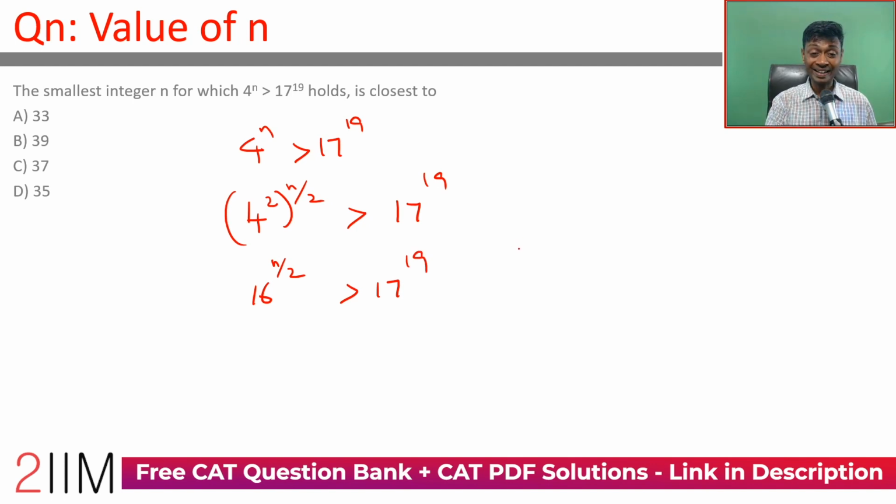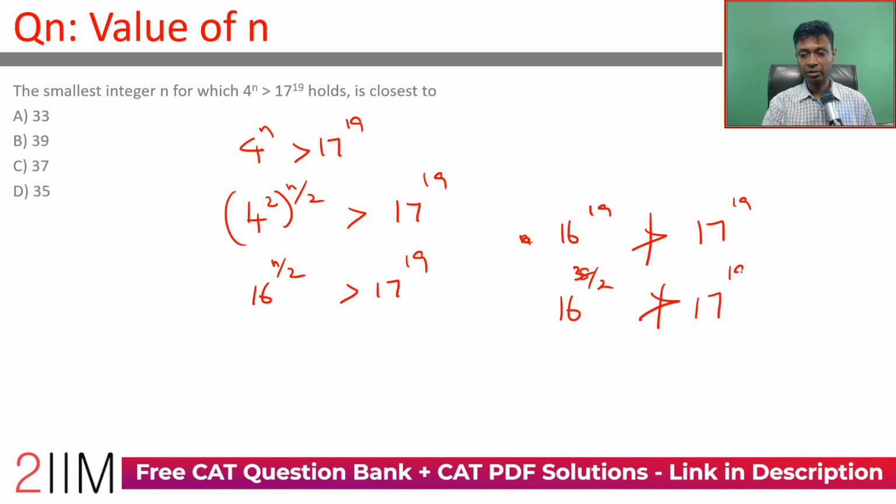I'm going to think about n that doesn't work. 16 power 38 by 2, that is 16 power 19, is not greater than 17 power 19. N cannot be 38. 38 does not work. N has to be greater than 38. So 33 doesn't work, 37 doesn't work, 35 doesn't work. Bam, we've got this.